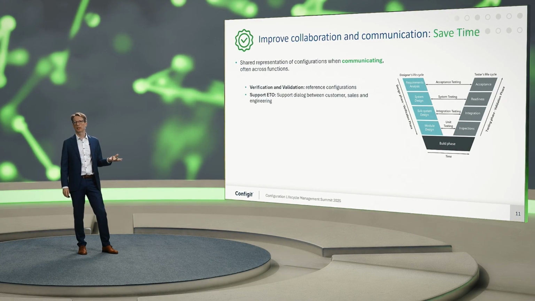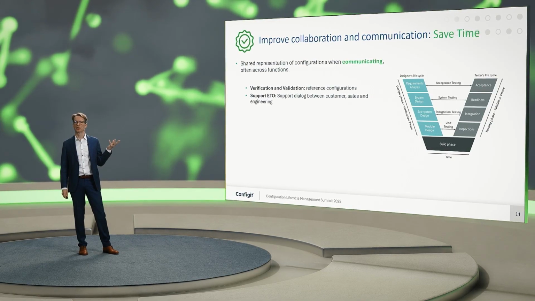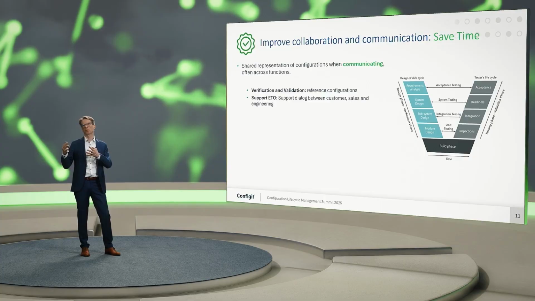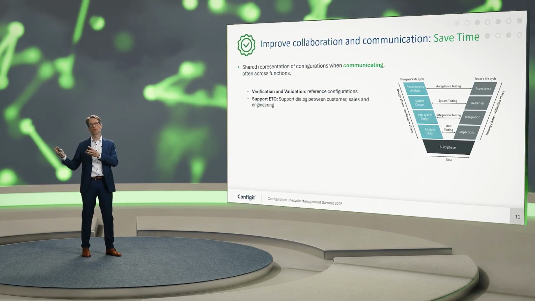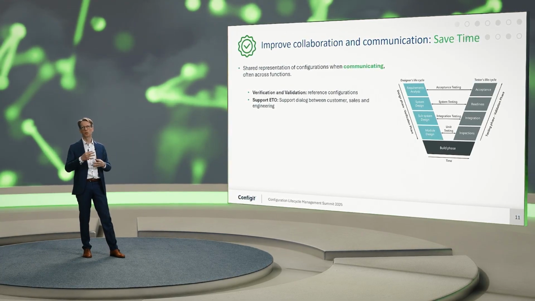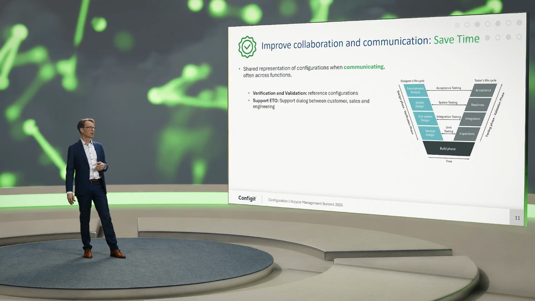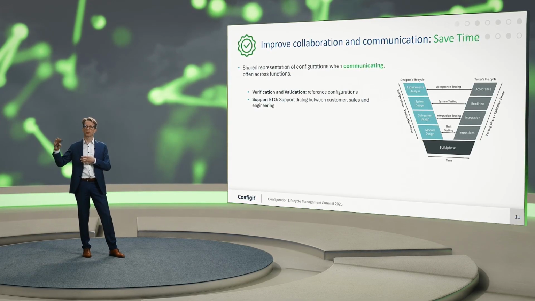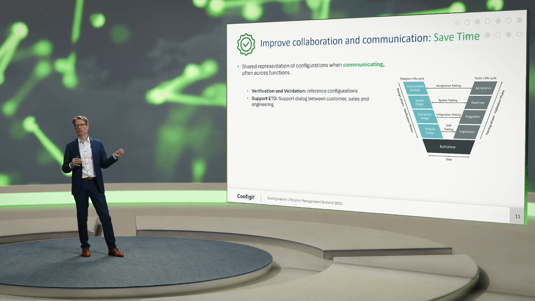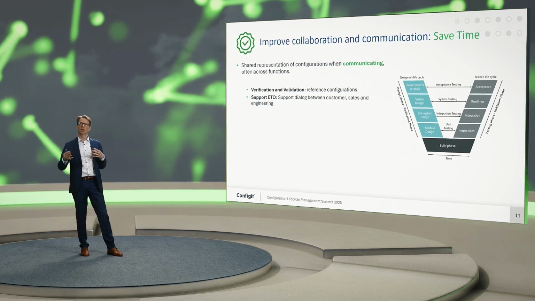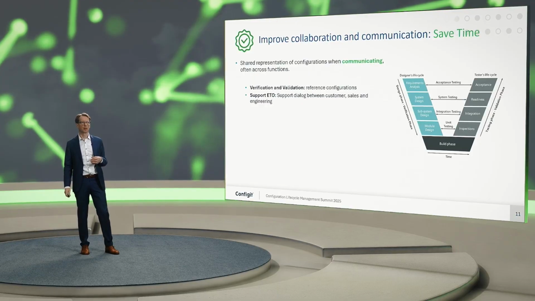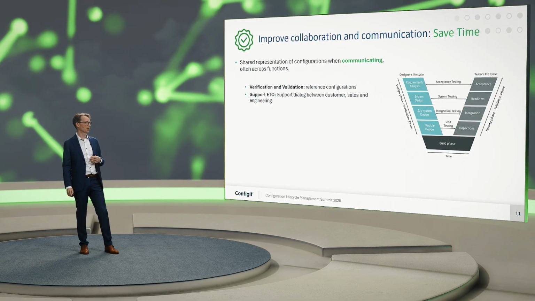We also see a need to save and share configurations when you have customers that work with a CTO, but sometimes with an ETO process as well. There needs to be communication going from customer to salespeople and back to the back office engineering to understand whether a certain ETO option is going to be possible or not, and what the price is going to be.